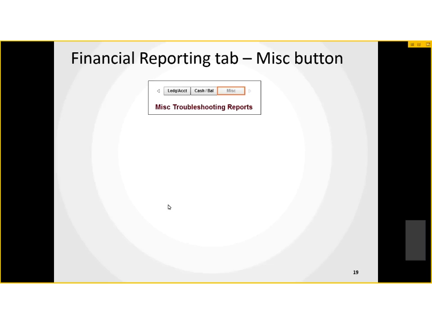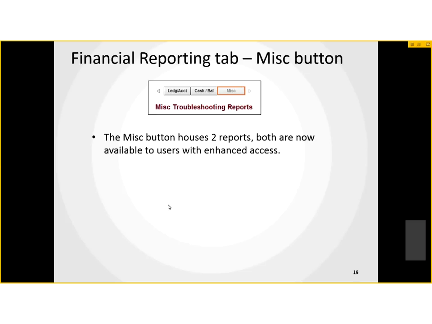All right, so let's take a look at this. First of all, we'll touch base on the miscellaneous button because there's the least amount happening there, so we'll cover that one first. It has 2 reports, the Suspense Activity Report and the Transaction Finder Report. You may be familiar with both of those. Likely the Suspense Activity Report is something that you had used in the past.